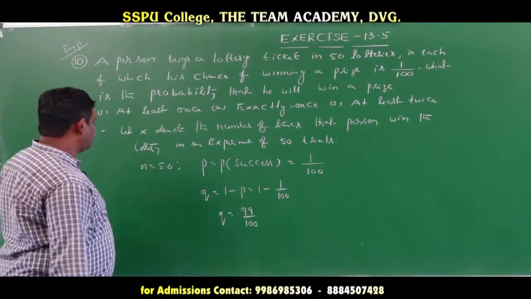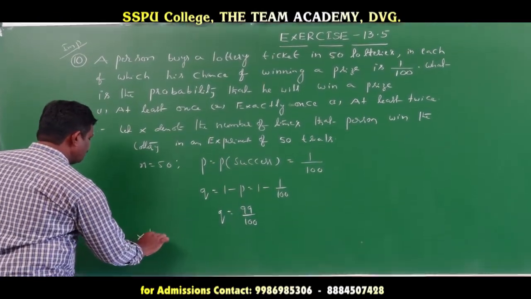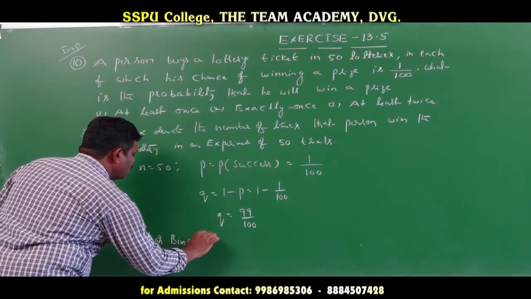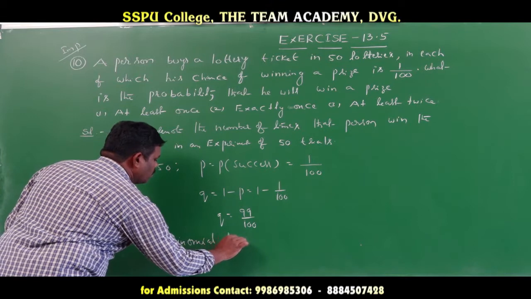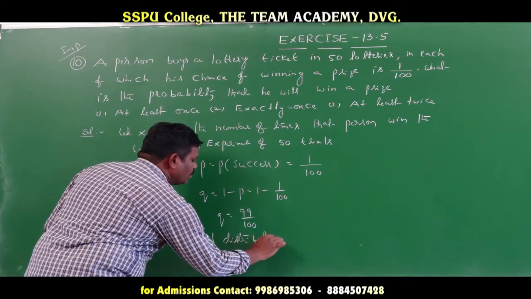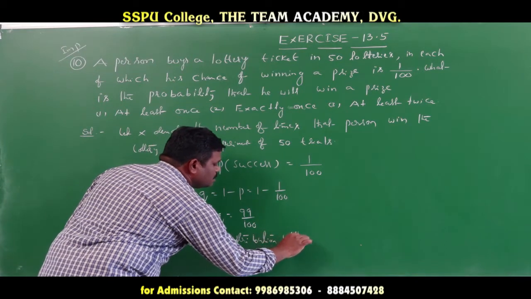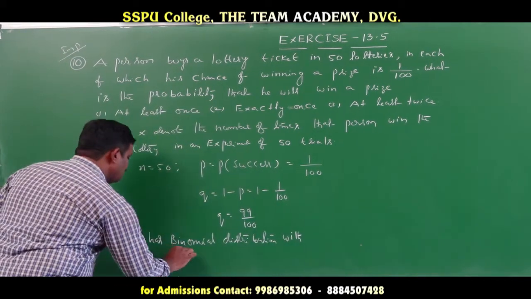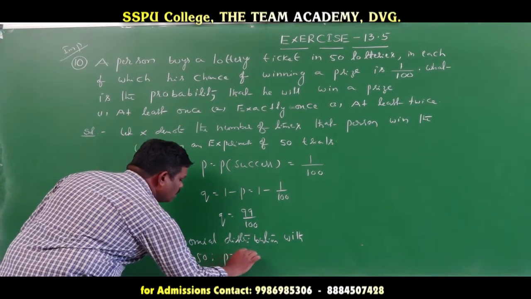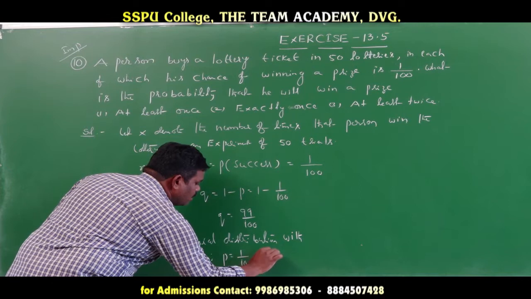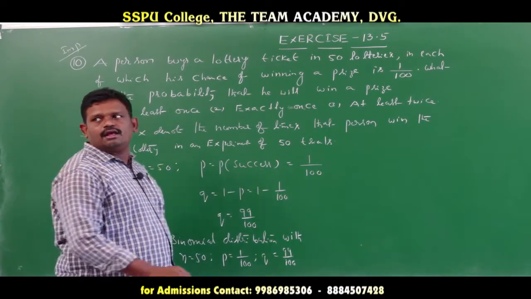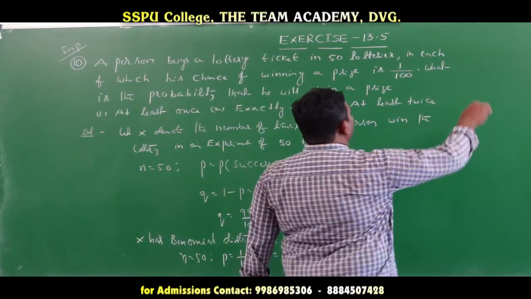So next, X has a binomial distribution with N is equal to 50, P is equal to 1 by 100, Q is equal to 99 by 100.